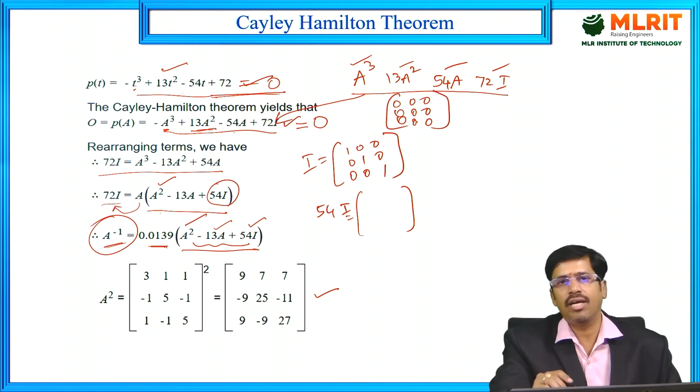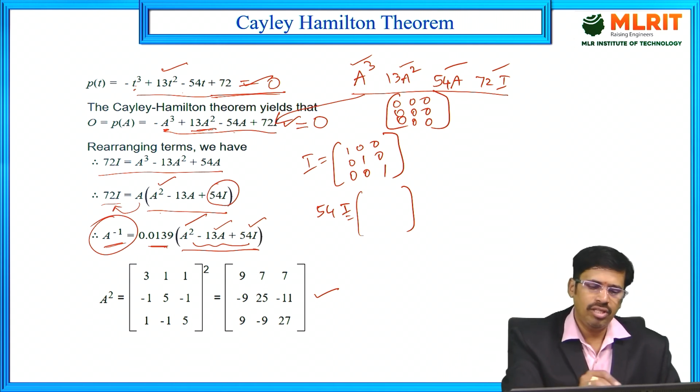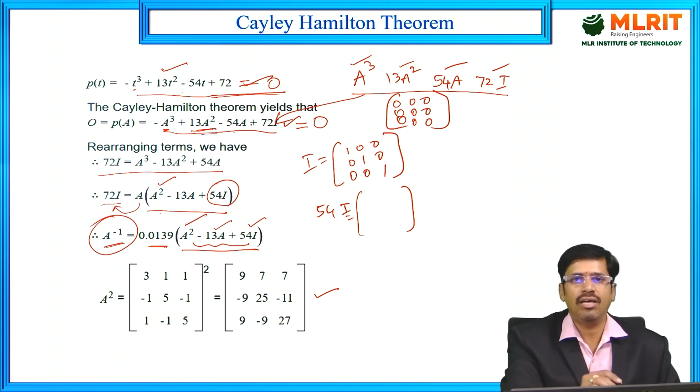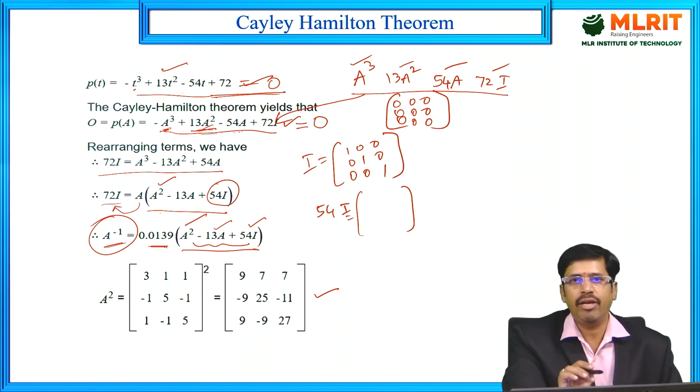Then we say that the Cayley-Hamilton theorem is verified. After finding the characteristic equation, replace t with A, find the values of A cube, A square and whatever terms are there in the characteristic equation, substitute, and it must satisfy. Then we say that Cayley-Hamilton theorem is verified.